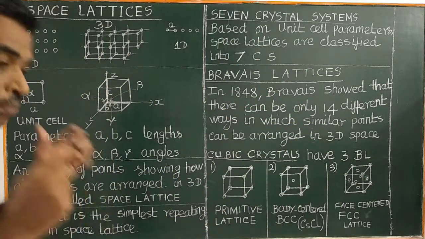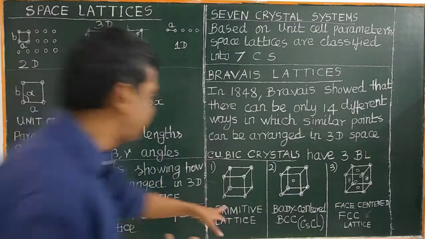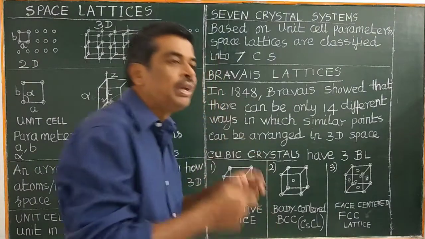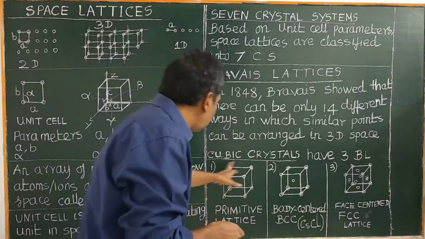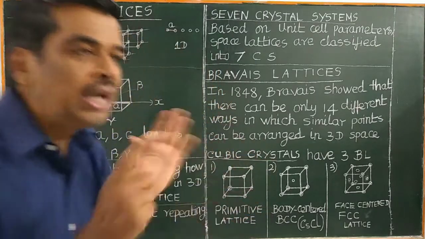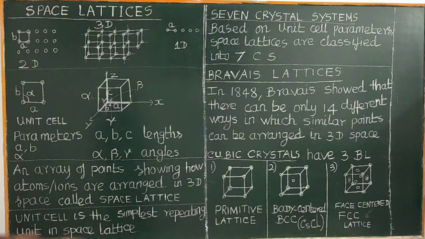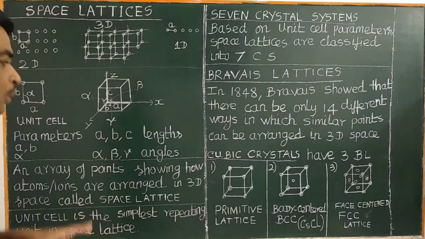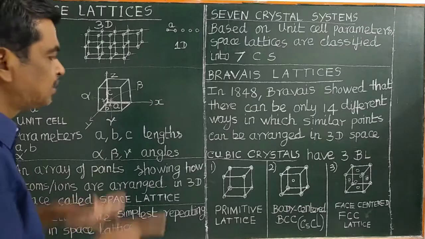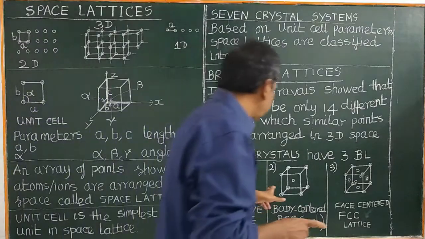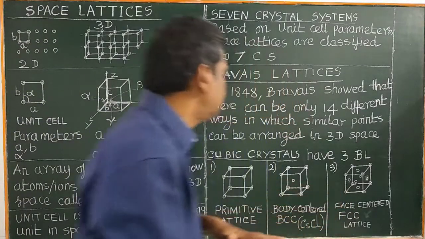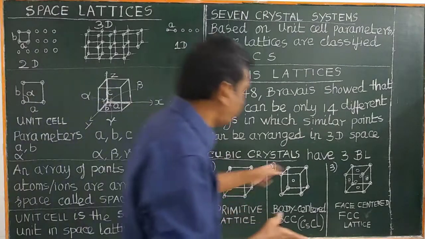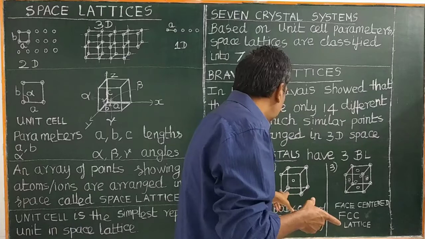What is called the simple cubic lattice? The primitive lattice. What is called the primitive lattice? In the primitive simple cubic lattice, there are atoms only at the corners of the cube. It is called the simple cubic lattice or primitive lattice. Okay. The body-centered cubic lattice is one of the Bravais lattices.